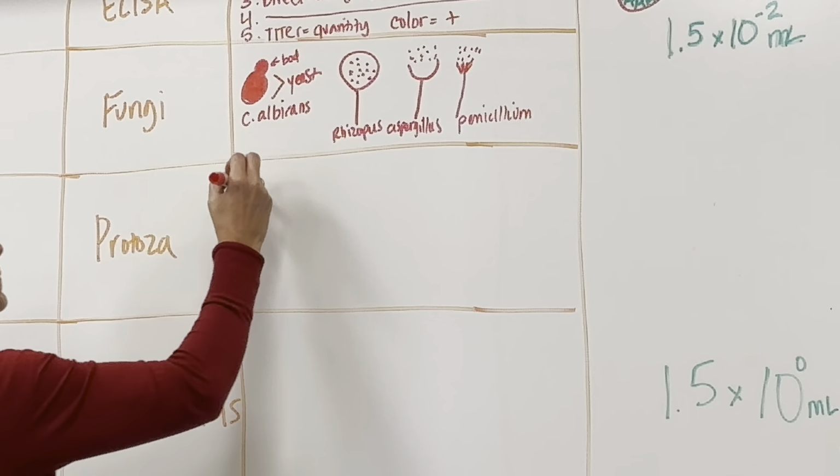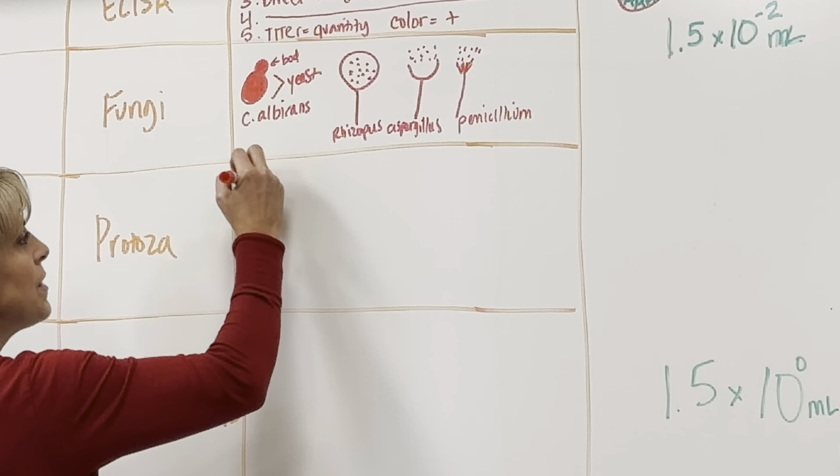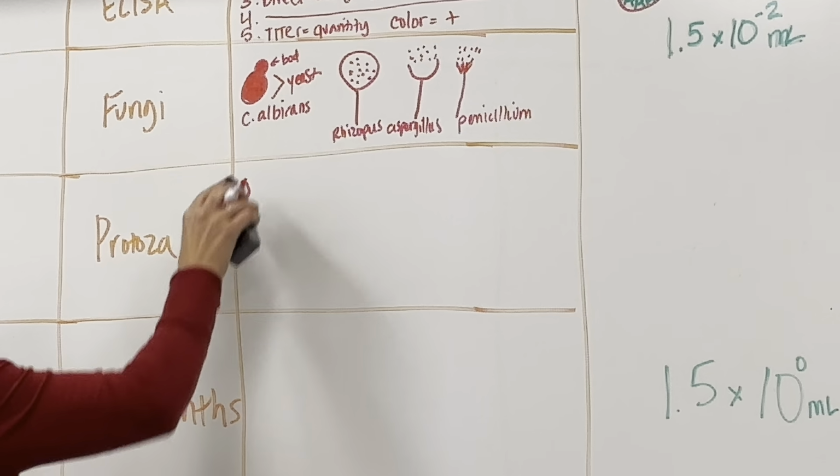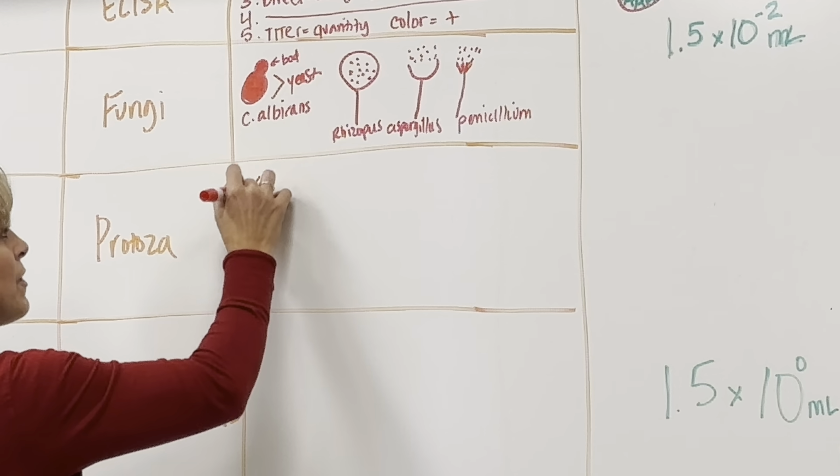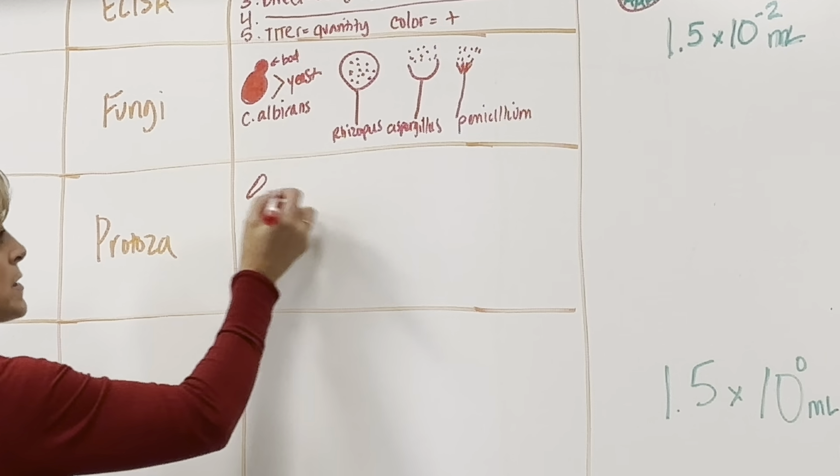Okay, protozoa. We have 4 types. We have this one that looks like a little banana slug.